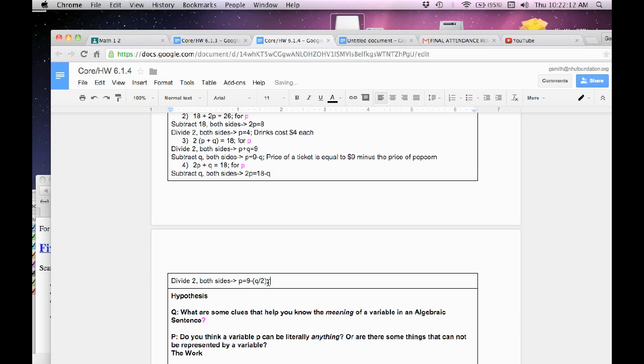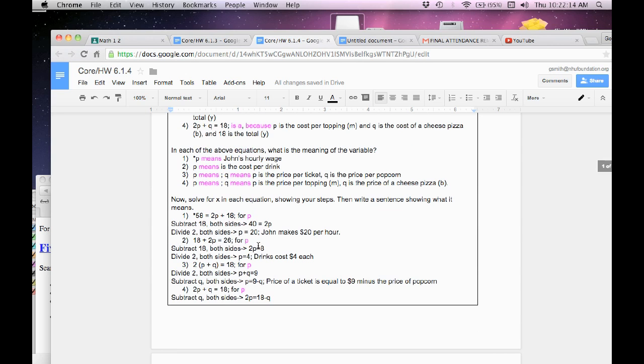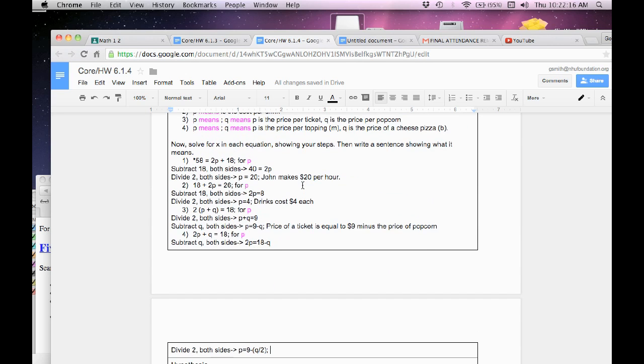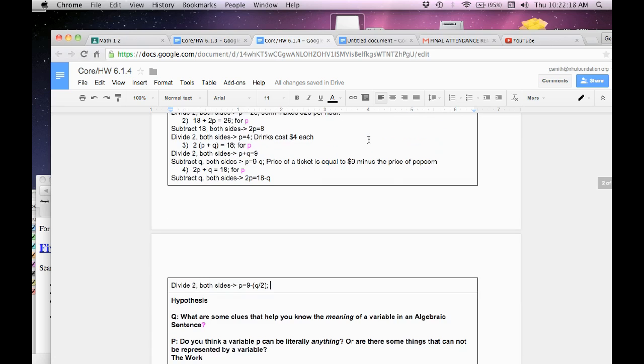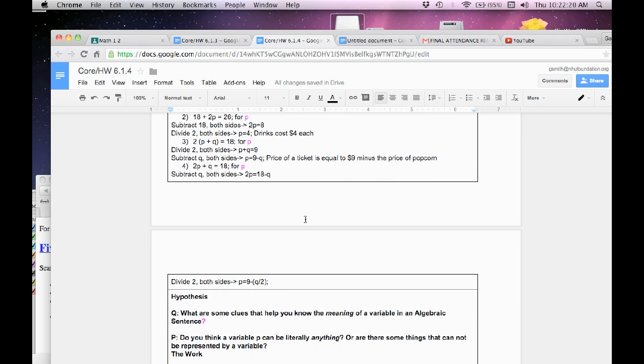And so what does that mean? Well, in problem 4, P is the price per topping and Q is the price of a cheese pizza. So the price per topping is equal to $9 minus Q divided by 2, which is the price of a cheese pizza divided by 2.